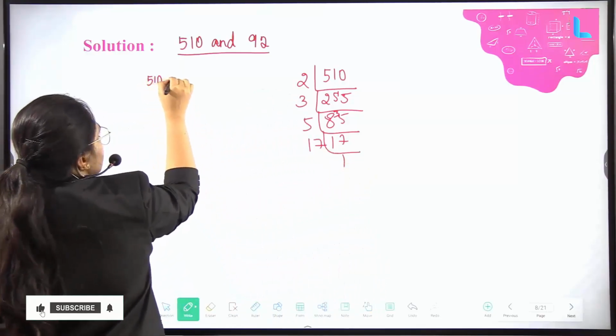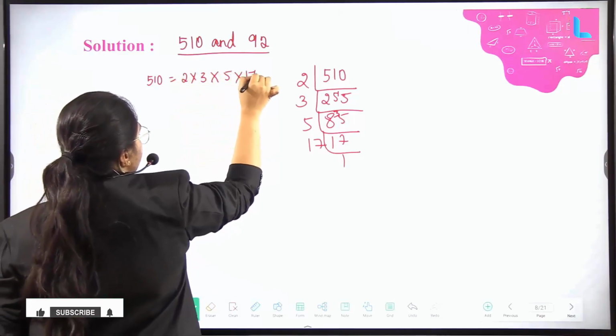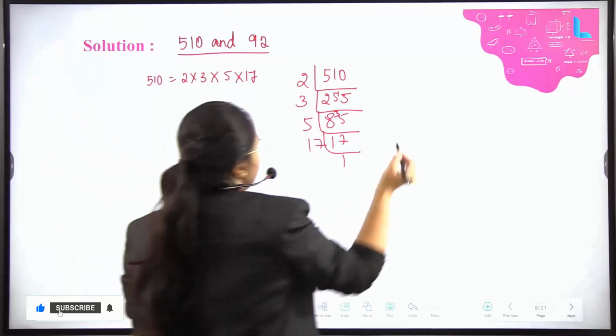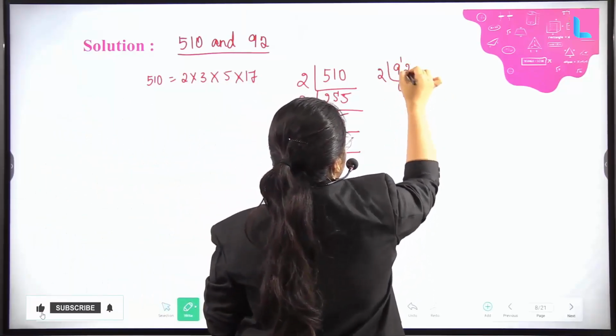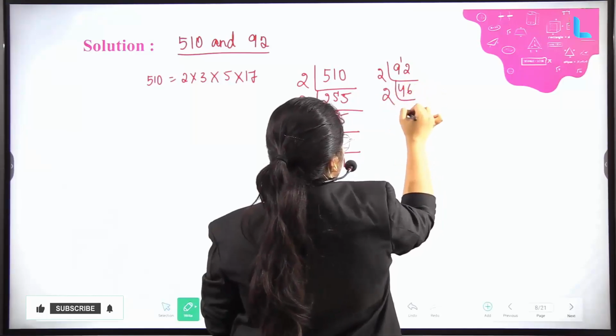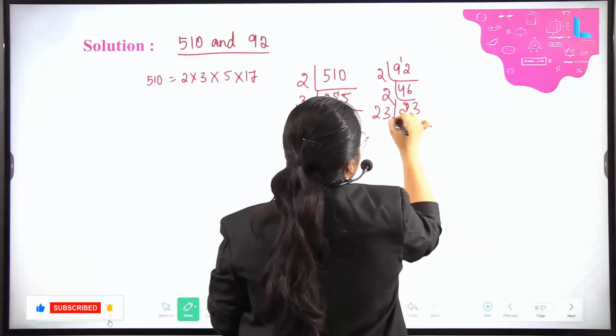So 510 is equal to 2 into 3 into 5 into 17. And then 92, 2 4 times, 6 times, 2 times, 3 times, 23 1 time.